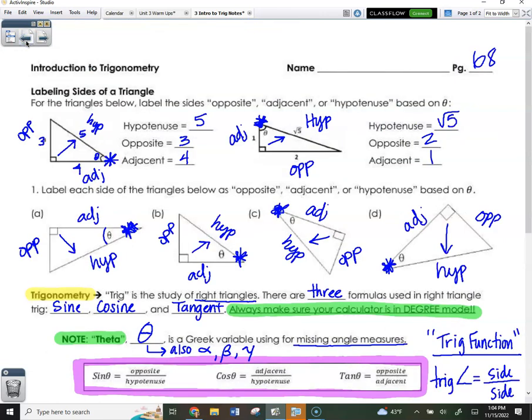Setting up your trig function meant what? It meant writing the formula. Writing exactly what the formula is. We're doing tangent today, right? So it'd be tangent, the angle measure, equals fraction bar, and then fill in the formula.